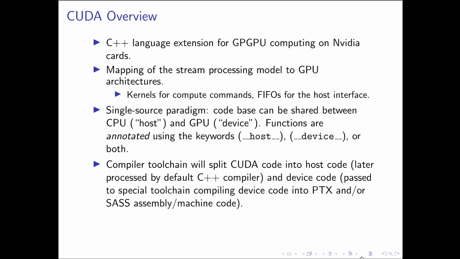So CUDA is a C and C++ language extension for GPGPU computing on NVIDIA GPUs. And there are also other GPGPU programming languages, such as OpenCL or Vulkan, for example. In this lecture, we're mostly focusing on NVIDIA's CUDA because programming with CUDA is actually a bit simpler than programming with OpenCL or with Vulkan, where, in order to achieve the same thing, you have to write many more lines of code and take care of much more boilerplate.